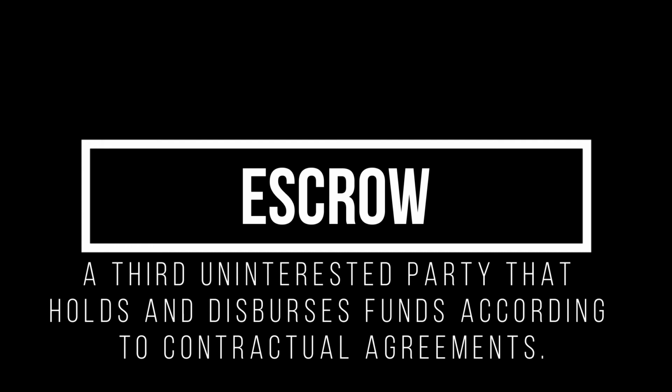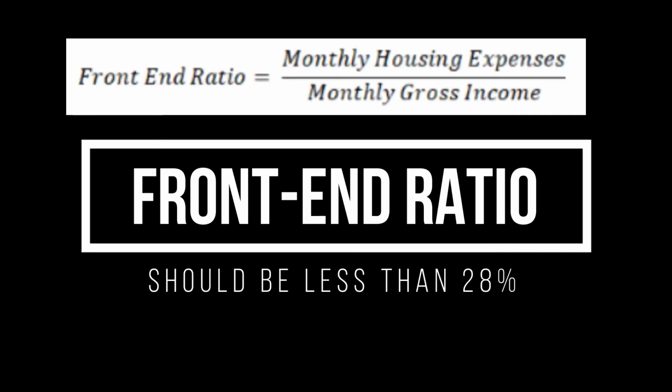All right, how do we even know if we qualify to buy a place? That's our next vocabulary word. We have a front-end ratio, and just understand that for this one, your front-end ratio should be less than 28%. So first you've got to understand what a ratio is. A ratio is nothing more than a fraction. 1 to 2 is a ratio. That's 1 over 2. And in this case, our front-end ratio has our monthly housing expenses divided by our monthly gross income.